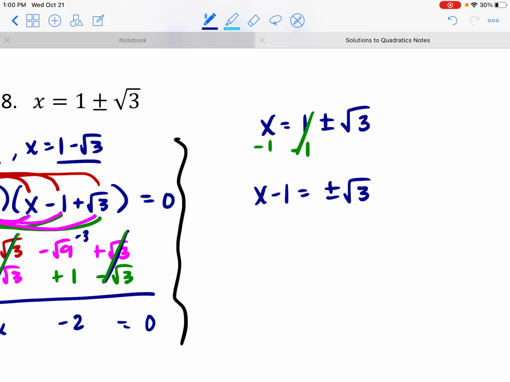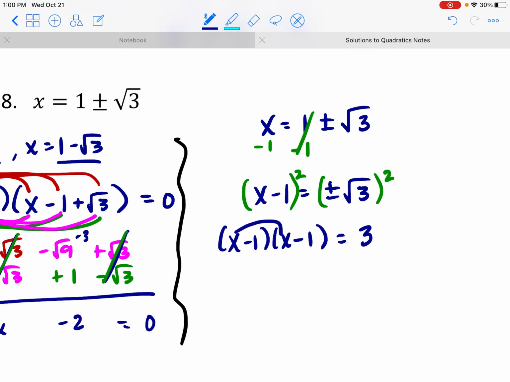So now here, what's the opposite of taking the square root? It's squaring. So if I'm going to unsolve this, I'm going to square both sides. Square this side and square this side. So here I have to multiply an x minus 1 by an x minus 1. And over here, the square root of 3 squared is going to give me a 3.